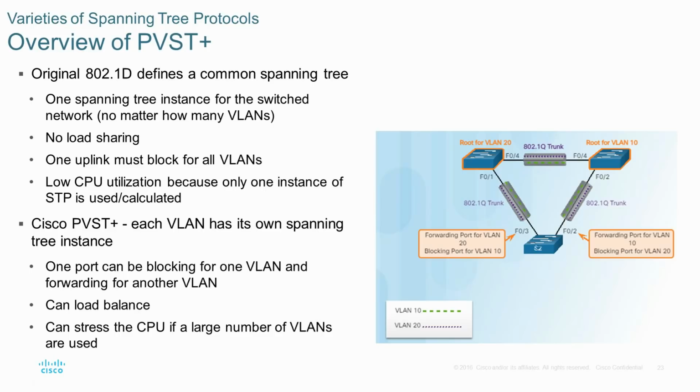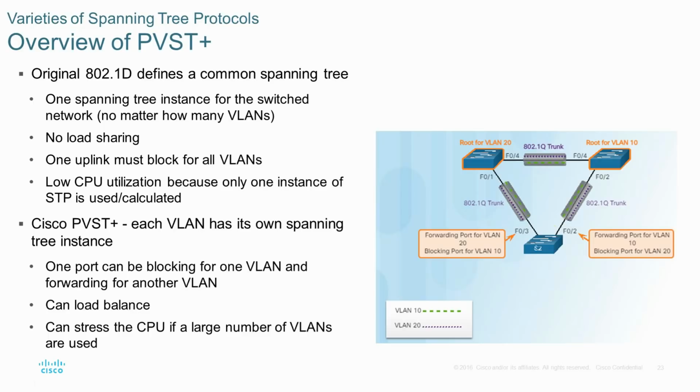So there is no load sharing, and one uplink must block for all VLANs. With simple STP, one of the links must be blocked for all VLANs. But it has low CPU utilization because only one instance of STP is used for calculation.